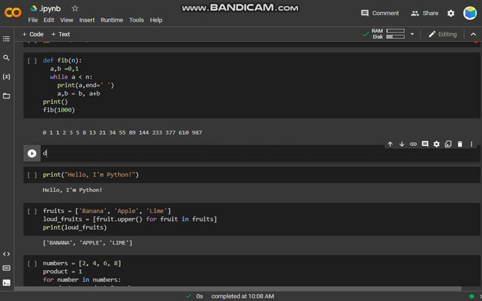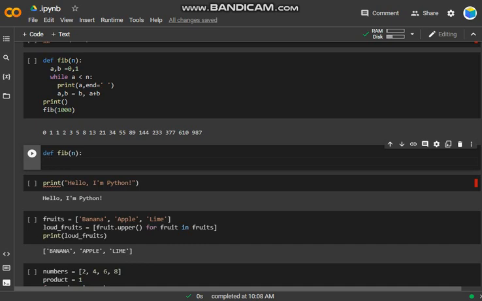First I define def fib, Fibonacci, and I am going to take n and colon. Then we can assume two variables: one is a, you can also take x and y, no problem, and b equal to 0 comma 1.